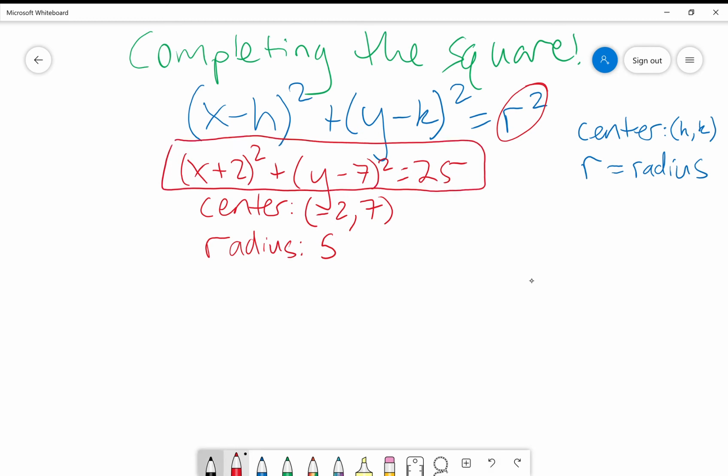Well, let's say this example was x squared plus 6x plus y squared minus 8y plus 10 equals, let's see here, I'm going to think about this number for a sec to see if it'll work out.